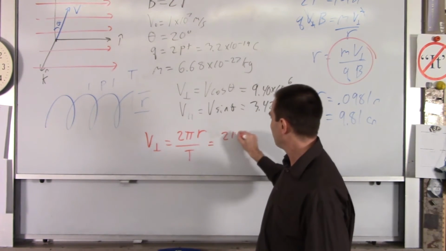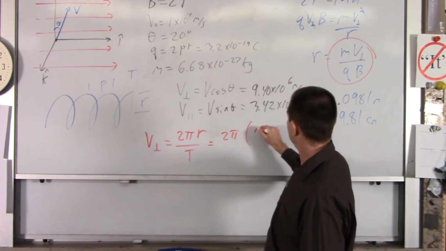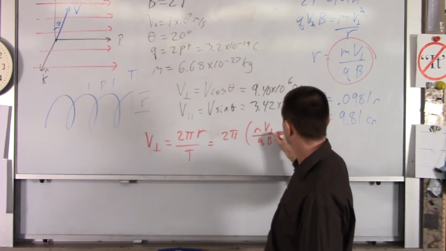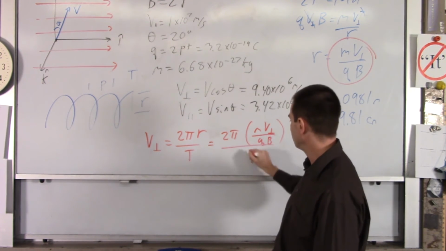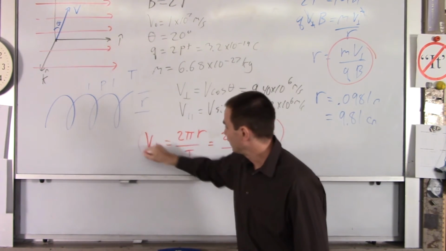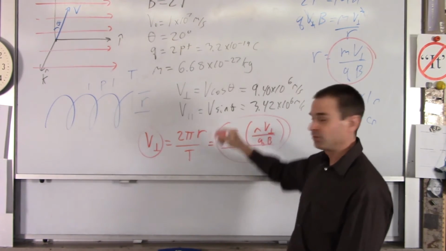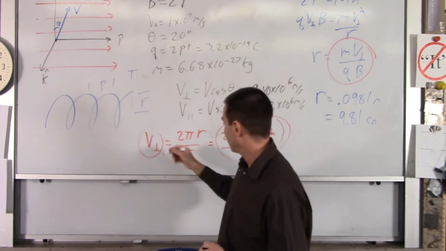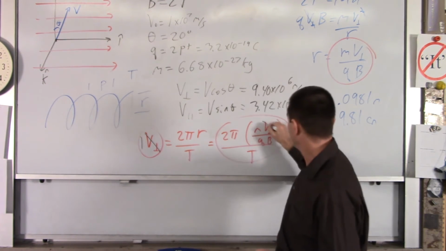So we get 2 pi, r is m v perpendicular over qB, and then all over T. So we're setting this equal to that, so some things drop out. So v perpendicular drops out, that becomes 1.